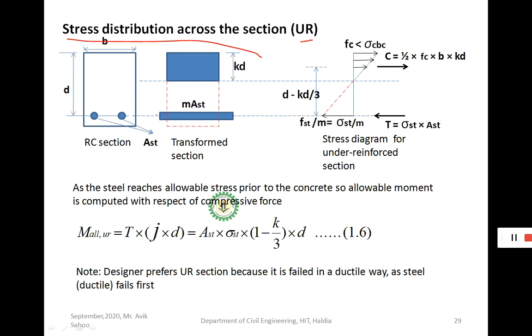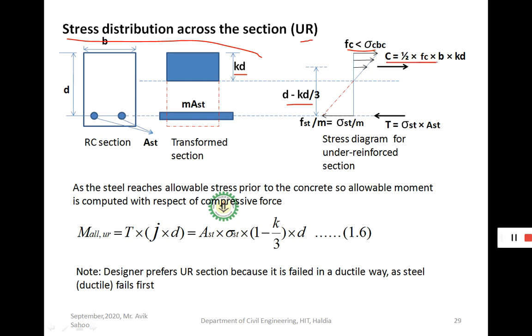So here the amount of steel is M times area of steel, and the depth of the concrete block is KD, with lever arm distance D minus KD by 3. This is the stress condition where the maximum compressive stress at the topmost fiber does not attain the permissible stress, whereas the steel reaches the permissible stress.